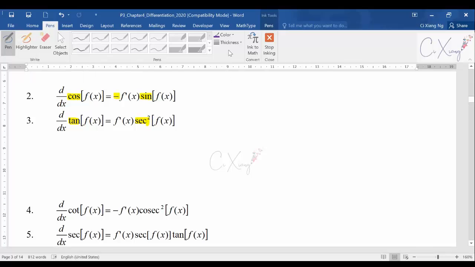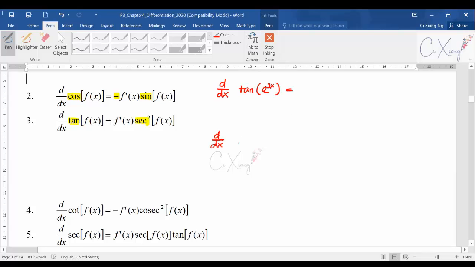Sometimes they can combine everything together. As an example, can anyone tell me what is the answer if I want to differentiate tan e to the 2x? And also I want you to differentiate this one, e to the 2 tangent x.